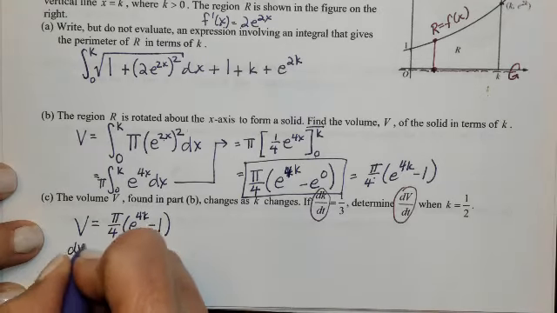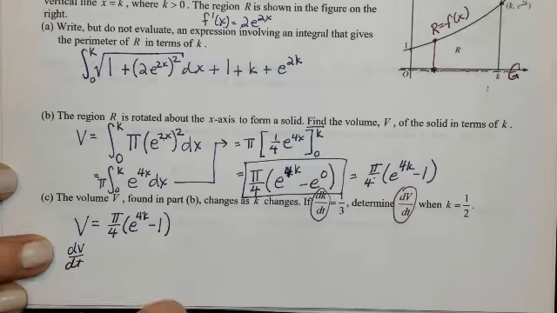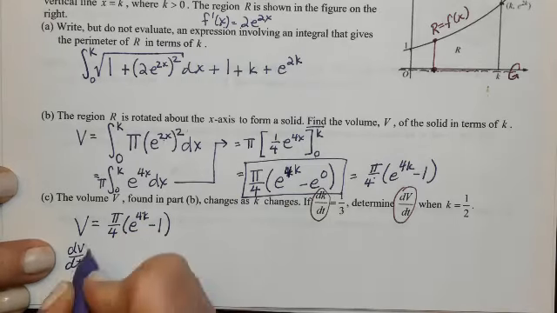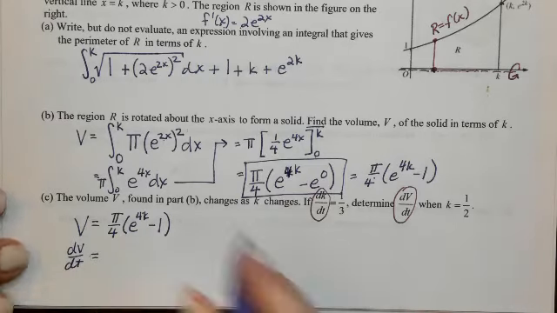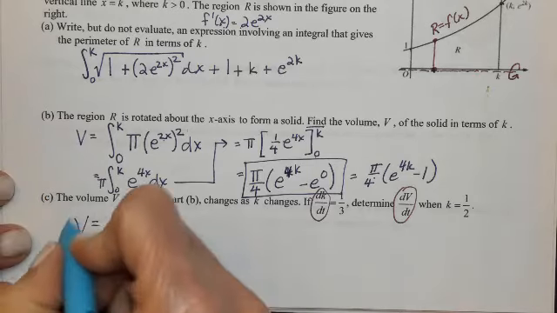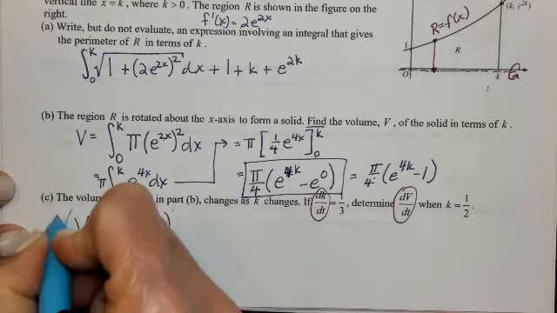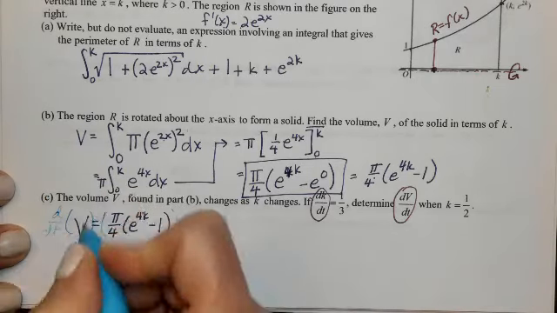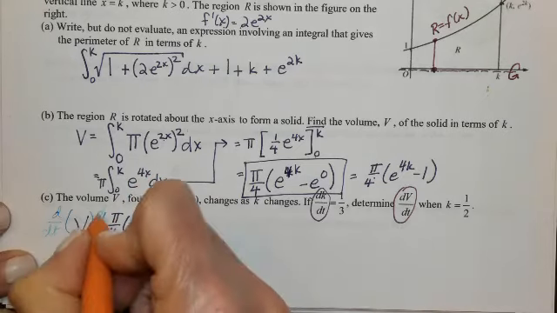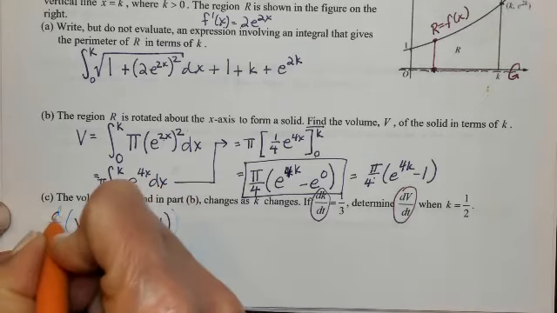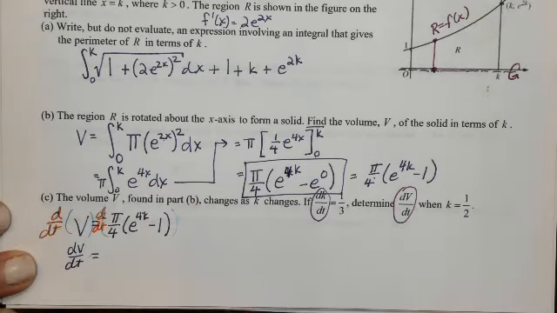So we have dV/dt on the left. That's the derivative of V with respect to t. Now we take the derivative with respect to t of this side. On both sides, we're taking the derivative with respect to t.